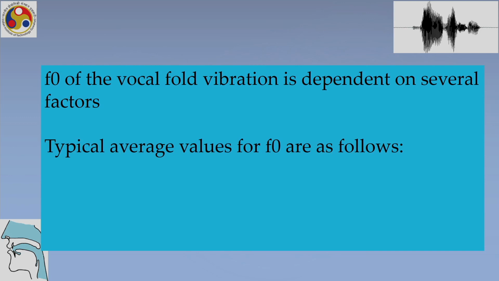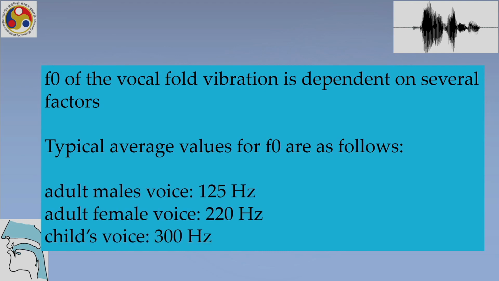Typical average values for fundamental frequency are as follows. Adult male is lower than adult female voice, and the highest is a child's voice at 300 hertz, an adult female voice at 220 hertz, and adult male at 125 hertz.